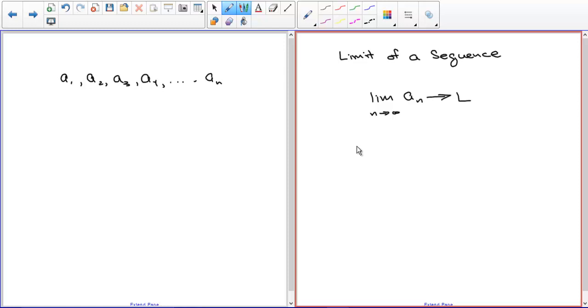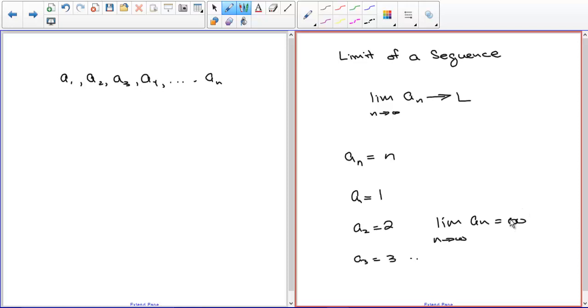So let me just use a simple example. This one does not converge, but let's say we define a sub n is just equal to n. So if I wanted to write the sequence associated with that, a sub 1 would be 1, a sub 2 would be 2, a sub 3 would be 3, etc. So if I said what is the limit of a sub n as n goes to infinity, well, the answer would be infinity.